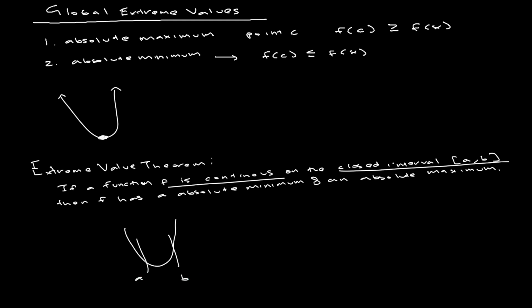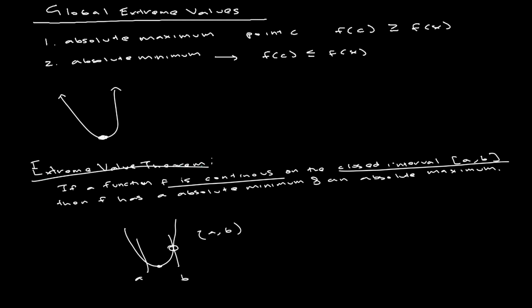We do have a minimum between a and b, but our maximum is kind of undefined, because as we head towards b, our value gets larger and larger, but we can't say one single point is our maximum. And so we need the notion of a closed interval to make the statement true.